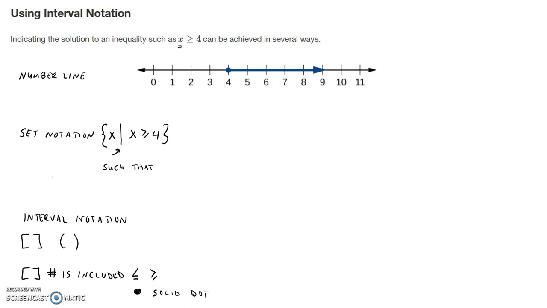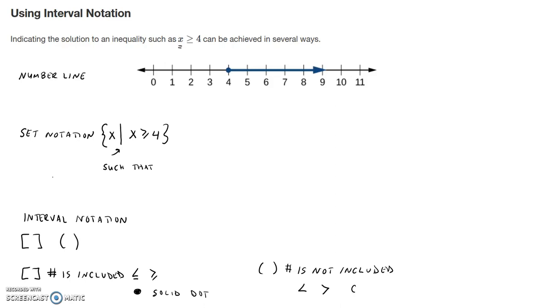If I'm going to be using parentheses, this would be for the case where the number is not included. So if we're working with our inequalities, you might see your less than or your greater than symbol.